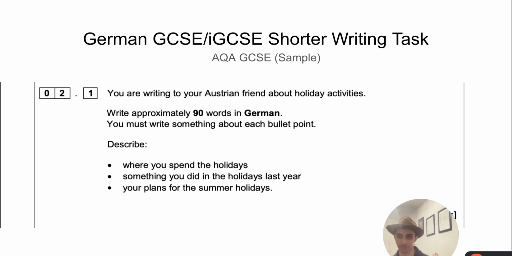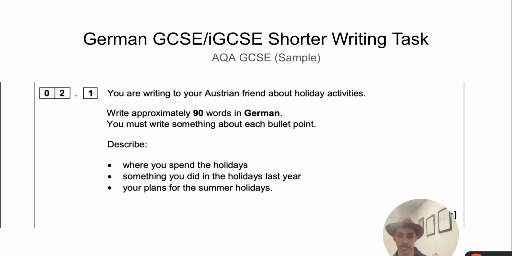That is very important. So it says, describe where you spend the holidays, something you did in the holidays last year, and your plans for the summer holidays. As I mentioned briefly, often the bullet points will guide you as to what tenses it may well be best to use. The first bullet point is quite general, where you spend the holidays, so you might well use the present tense, although you can vary it as well.